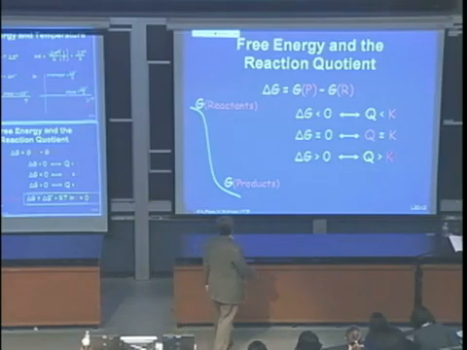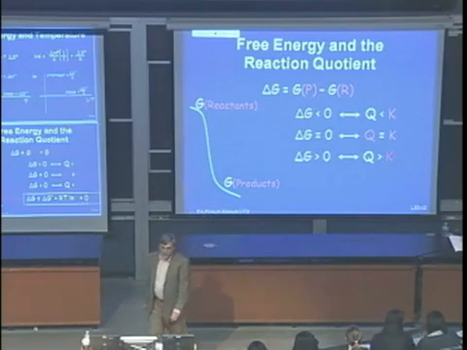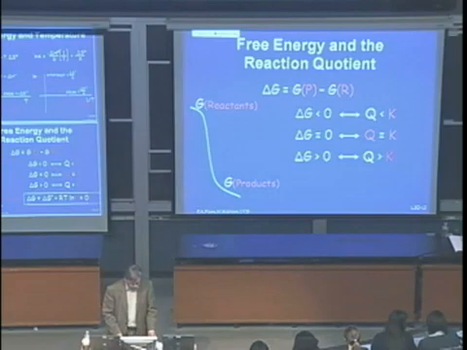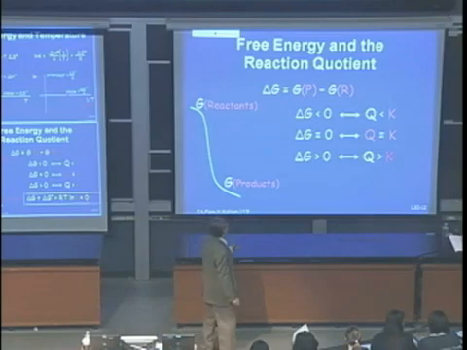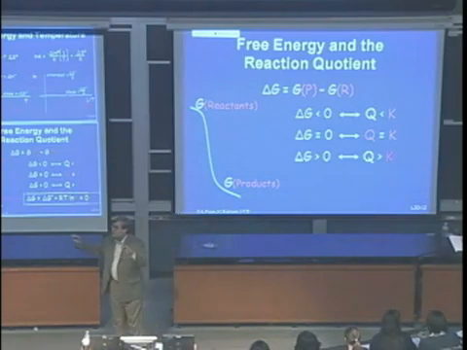Okay, so this is what we call the running free energy, and it's not at its standard state. So now we have the delta G at standard state, and we have the delta G as it really reacts in the reaction, okay?